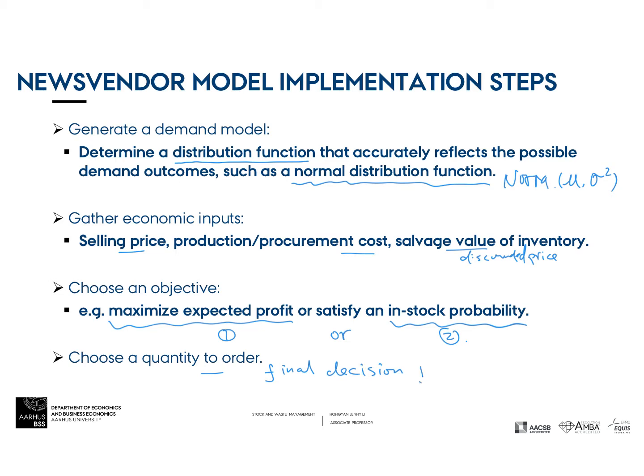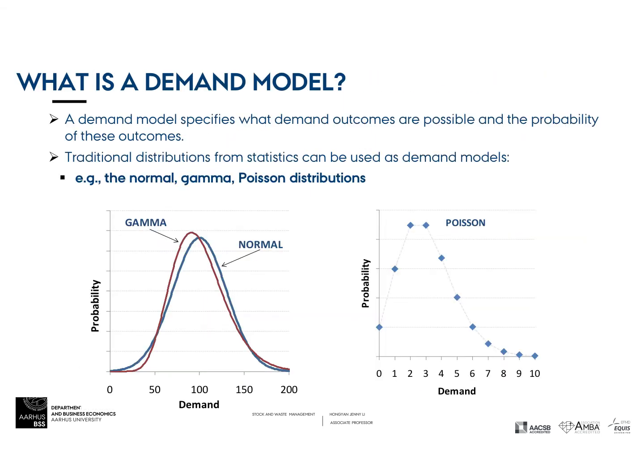Next, we go through each step. First, we need to construct a demand model for the problem. So what is a demand model? Here we're talking about a possible probability distribution for your demand.